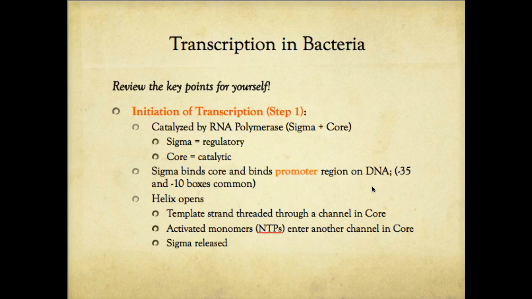And the way these bases get activated is by having extra phosphate groups added onto them. So in the case of RNA, they become nucleoside triphosphates, or NTPs. Once the template strand is in place, and once the NTP channel is open and ready to function, we're all ready to begin this process of transcription, and sigma gets released.